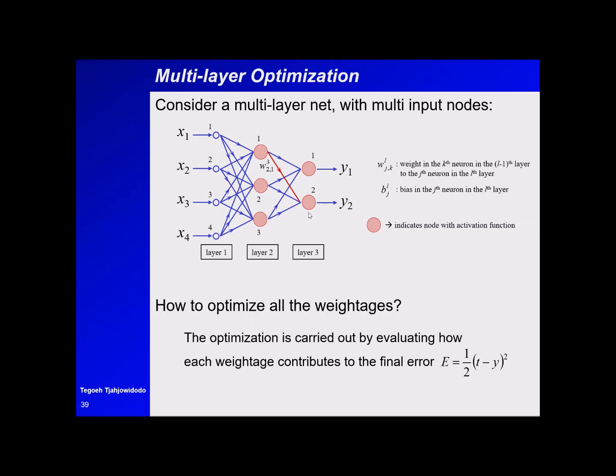Same thing for the bias, but bias is not connected. It's not connecting to neurons here, to nodes here.